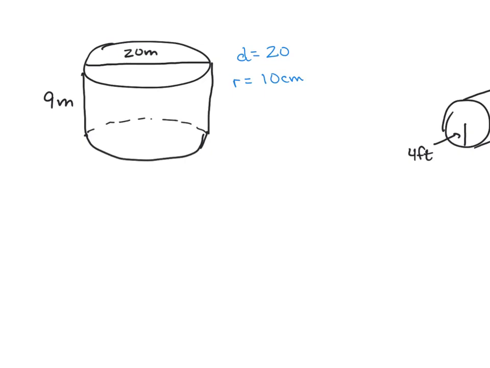So let's start with volume. Volume is equal to pi R squared times H. If we plug in what we know, remember, pi is equal to 3.14. R is 10 squared, I'm going to just write it out twice, times my H, which is 9.